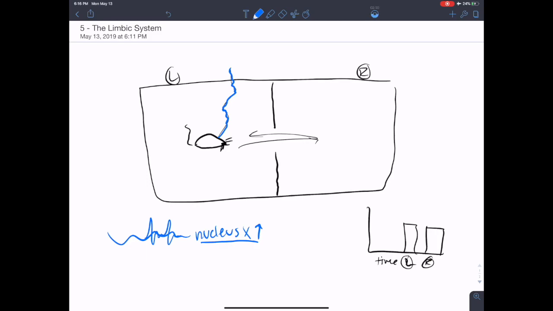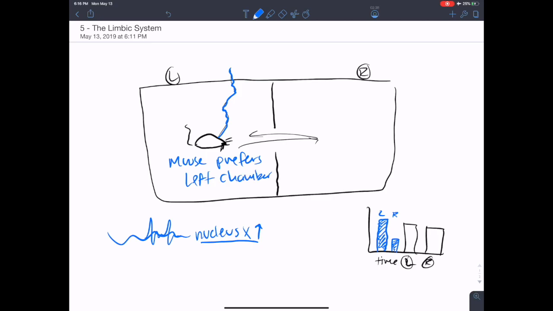Let's say you do this experiment and you find that if the light is on, the mouse spends a lot more time in the left chamber than the right chamber. What this means is that the mouse prefers the left chamber.